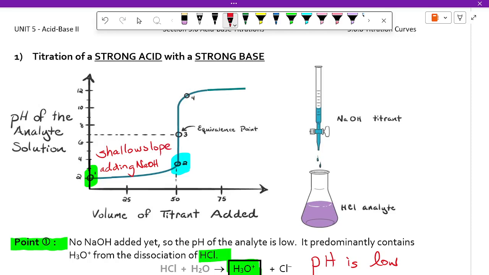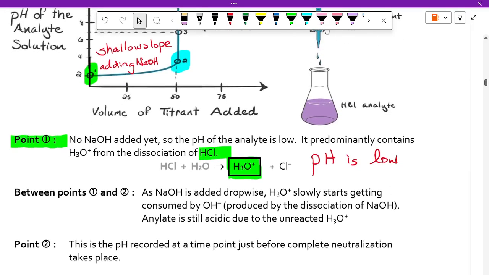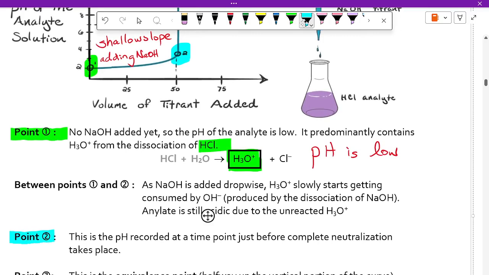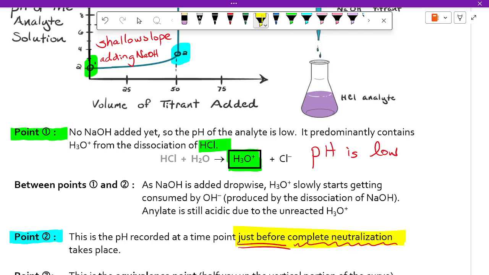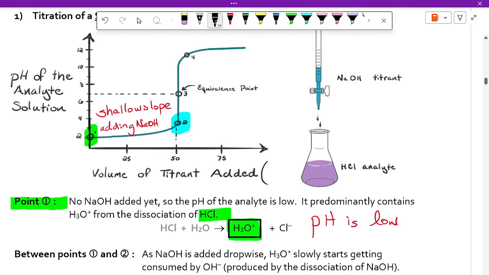And then all of a sudden, at point 2 is just before complete neutralization. How much volume did it take us to get from point 1 to point 2? Let's say these are milliliters. It took 50 milliliters. Okay, so we are at point 2, we are just before complete neutralization.